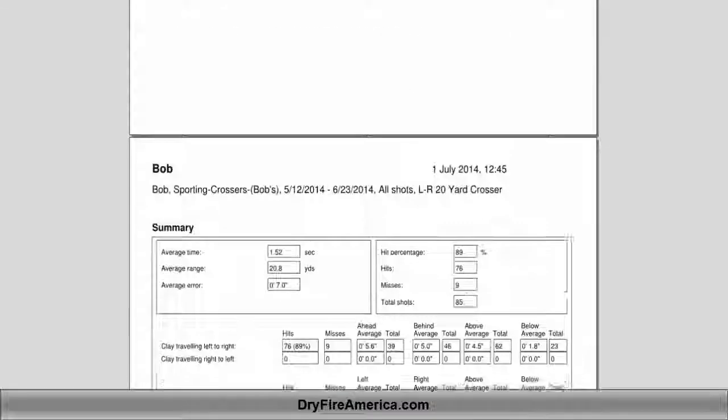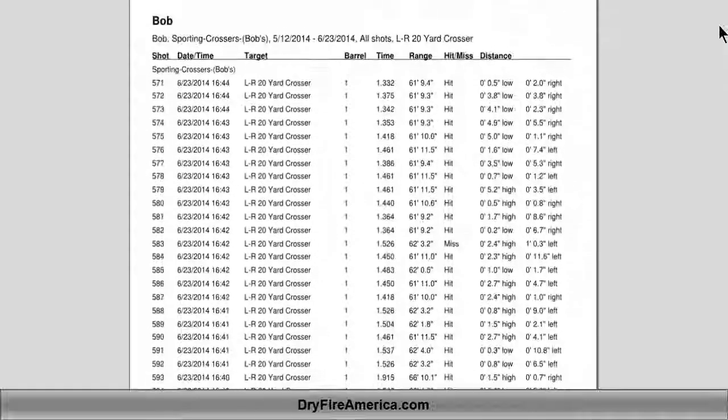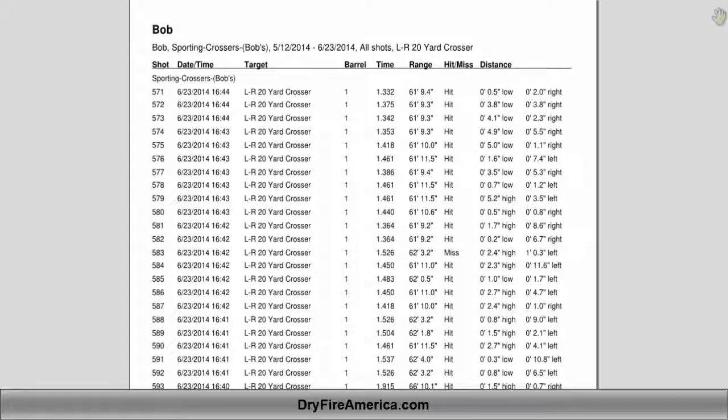So that is the difference that you're going to see between the 2 reports. One report has dates and times and shot numbers, and the other one does not. But the one that we looked at first does have the pointing error clearly defined.